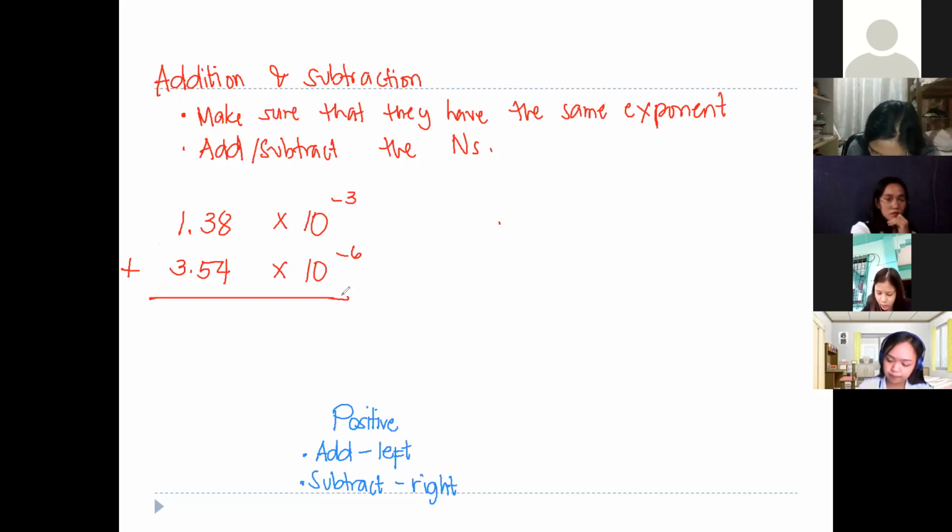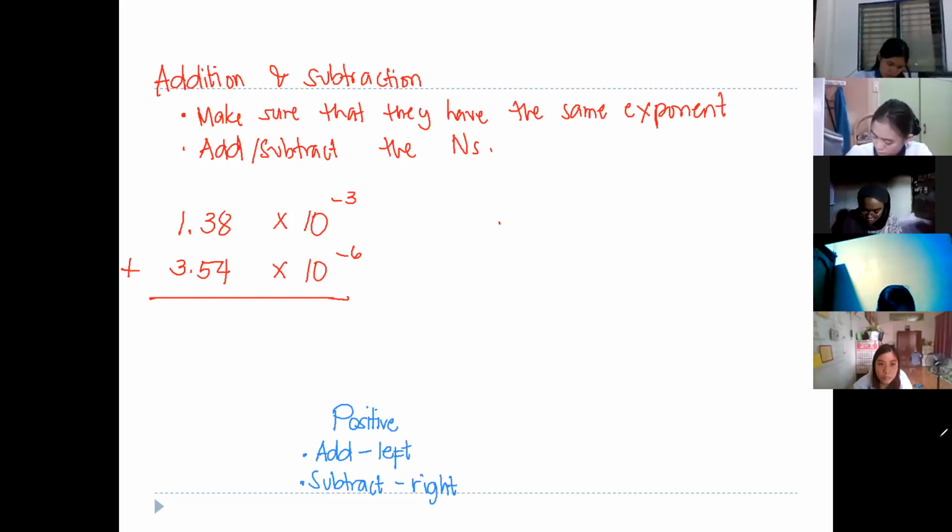That's 1.38 times 10 raised to the power of negative 3 plus 3.54 times 10 raised to the power of negative 6.